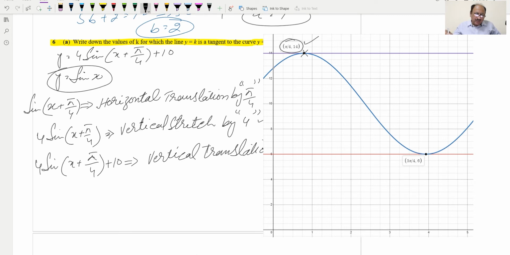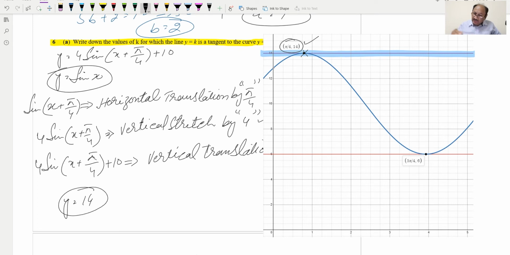So they are asking to write down the value of k for which the line y is equal to k is tangent to the curve. So this is one line which is tangent, which is y is equal to 14, and we can write y is equal to 14.